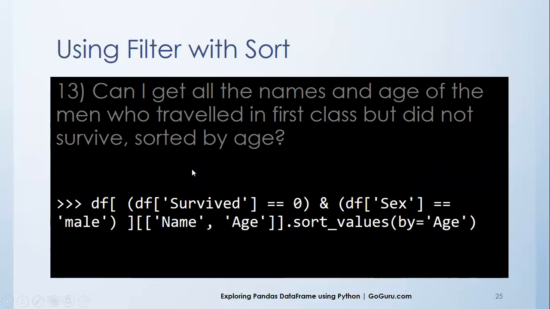And per the question, you want to also sort them by age. So in order to sort them, there is a method called sort values, and you invoke that, and the parameter that the sort function accepts says by what column. I'm saying I want it by age. So this gives you an output of all the males that did not survive, with the names and age, and with the rows sorted by age.